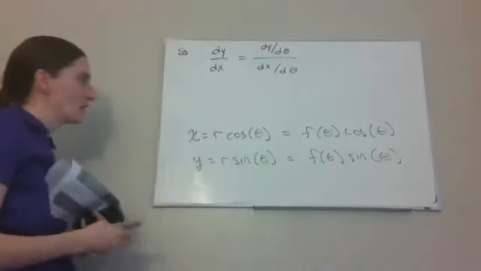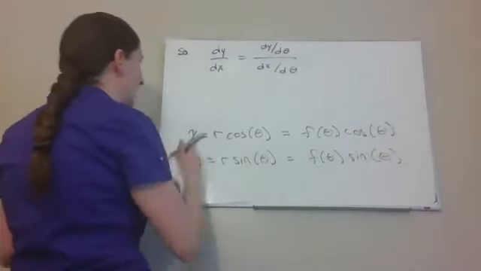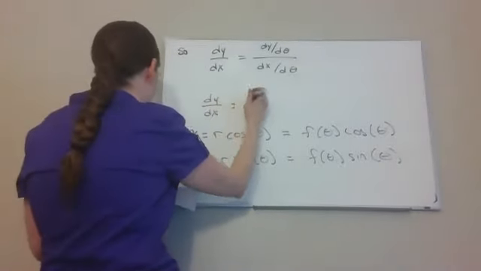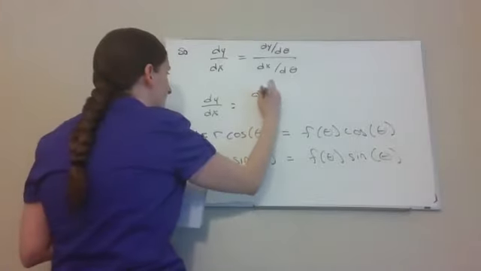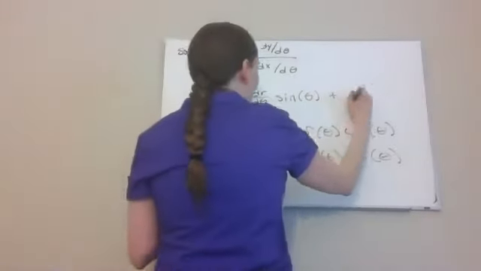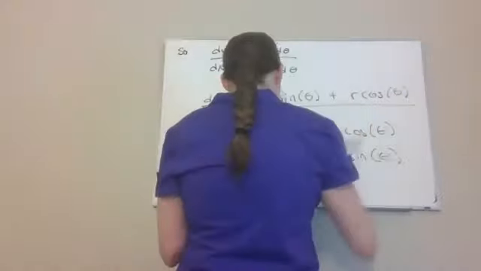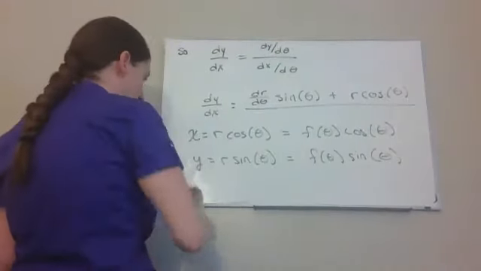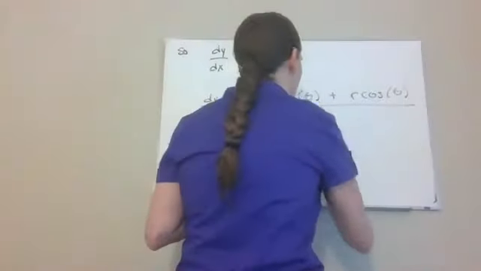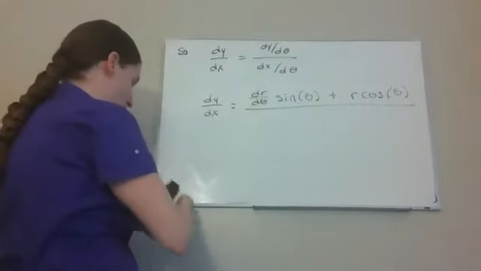And to get those values, you're going to have to use a product rule. And we're going to get that dy dx is equal to my dr d theta sine theta plus r cosine theta, divided by my dr d theta cosine theta minus r sine theta. And again, that's just found using our product rule for derivatives.